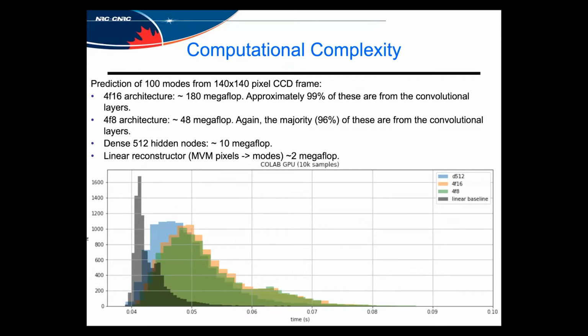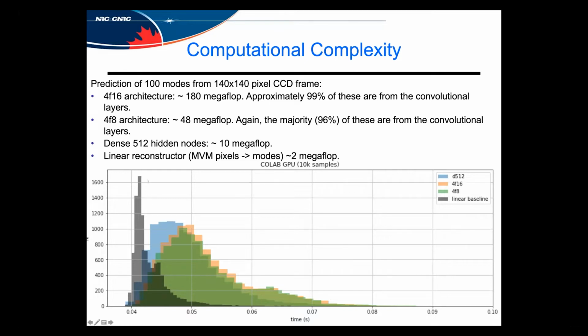We've started looking at the computational complexity. Here the reference is the MVM, the linear reconstructor, estimated in this case at 2 megaflops. As we complexify our machine learning architecture, we need quite a bit more operations, up to 10 times, up to 100 times as many operations. However, a lot of these operations can be executed in parallel, and this is an example of benchmarking using Colab GPU resources.